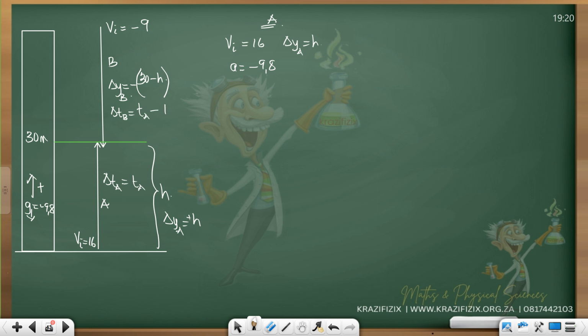It's 1 second late. I think we did that last week as well. Do you understand why we say minus 1? Because B was thrown 1 second later. So if A had traveled 5 seconds, B will then travel 4 seconds because it was thrown 1 second later.